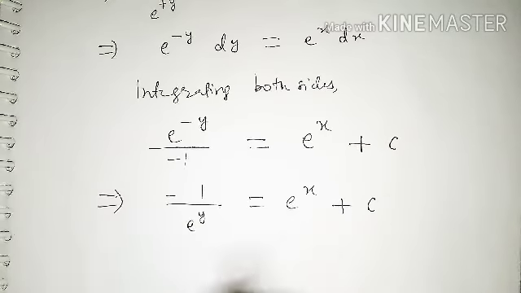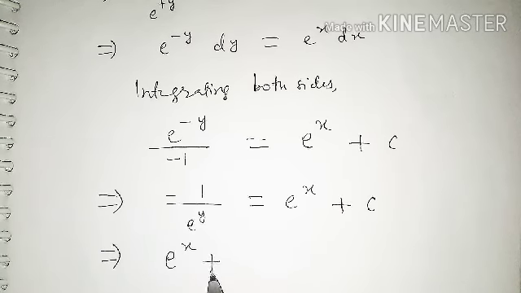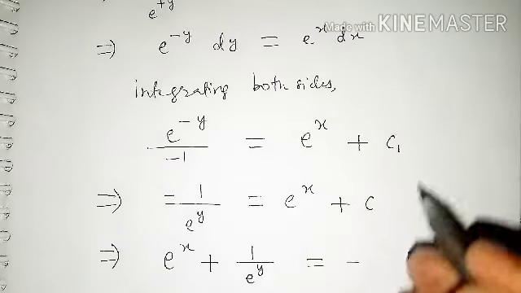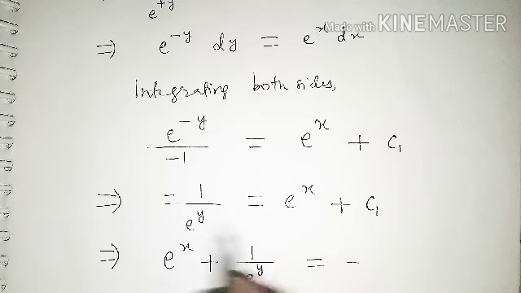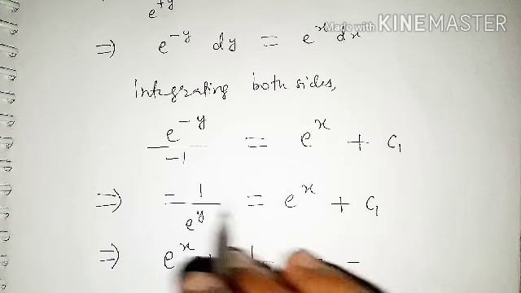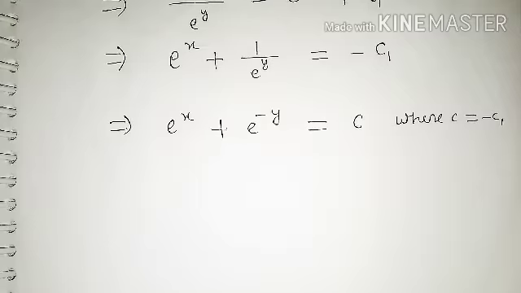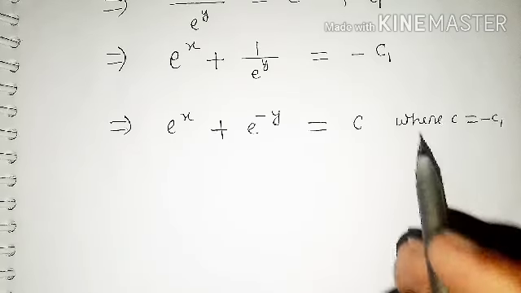This can be changed into the form e to the power x plus 1 by e to the power y is equal to minus c1. So this goes to RHS, plus 1 by e to the power y, this goes to LHS, so minus c1, and this can be written as e to the power x plus e to the power minus y is equal to c, where c is equal to minus c1. That's all.